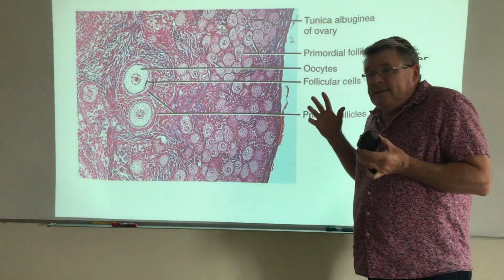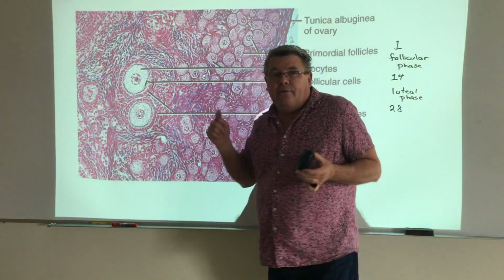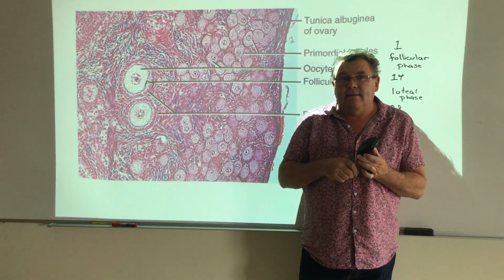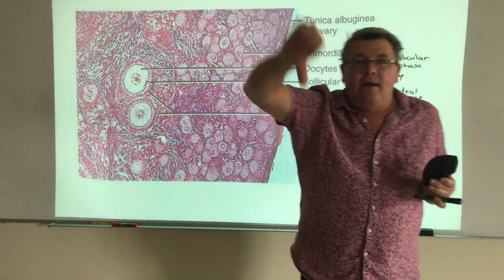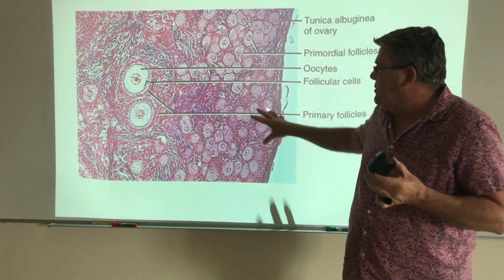Now, why? Well, here's what the estrogen does. The estrogen talks back to the anterior pituitary. And the estrogen tells the anterior pituitary, hey, knock it down with the FSH. So you're the only one.